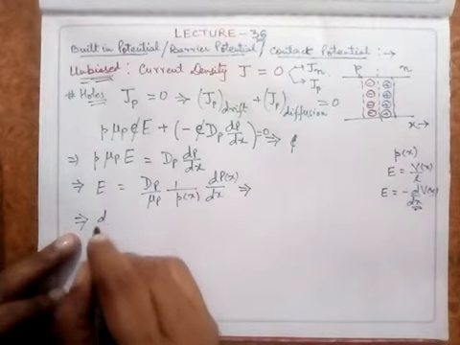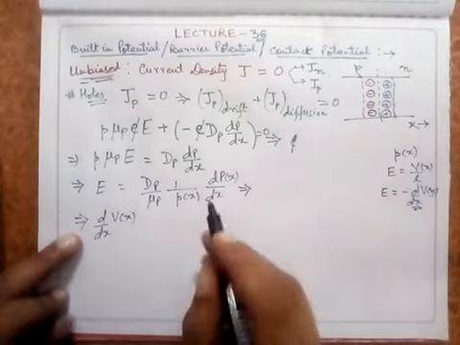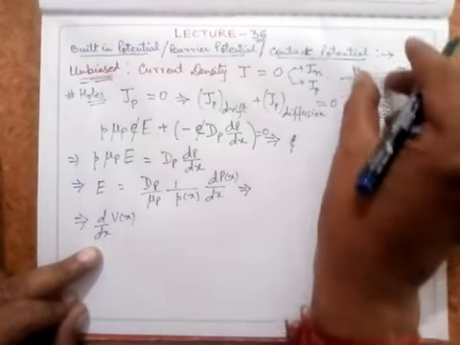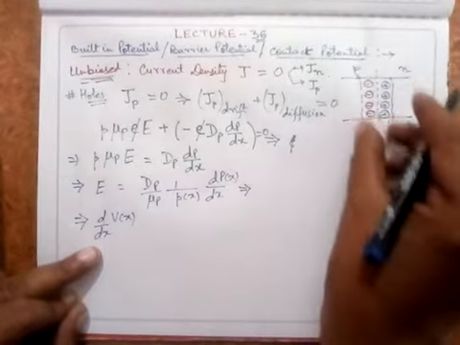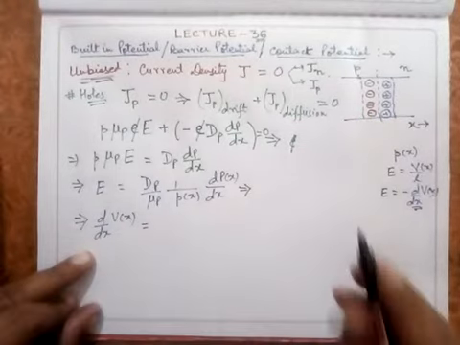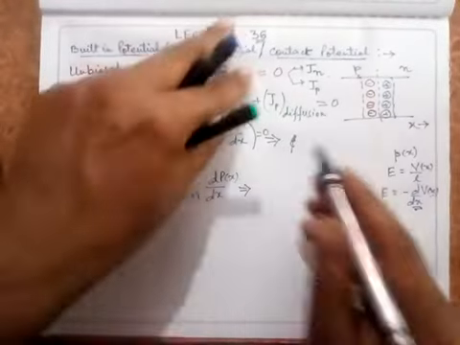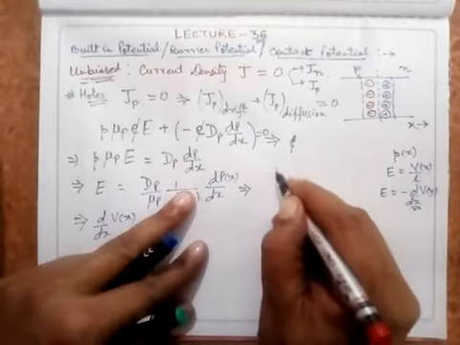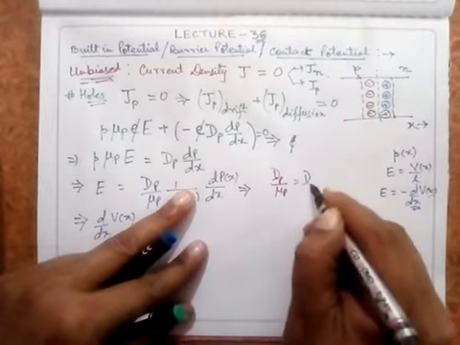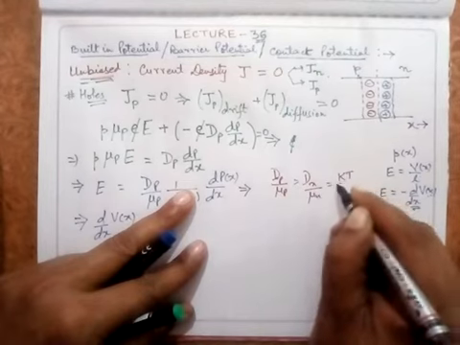this is d upon dx of the applied voltage V, whatever potential is developed in this small region, V of x, which is equal to dp upon mu p. If you remember, I told you the Einstein relation, where we discussed that dp upon mu p is equal to dn upon mu n is equal to kT upon q.